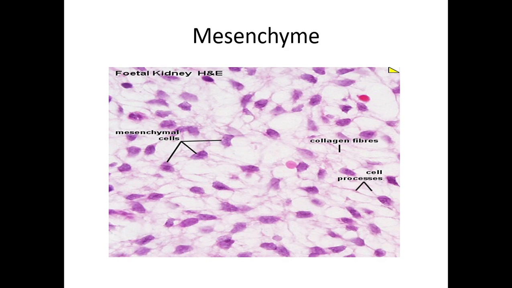So the mesenchymal cells or the undifferentiated mesenchymal cells have a characteristic cytoplasmic extension within the cell, and they are actually interconnected with the other mesenchymal cells, forming a network. And the ICS is gel-like in nature.